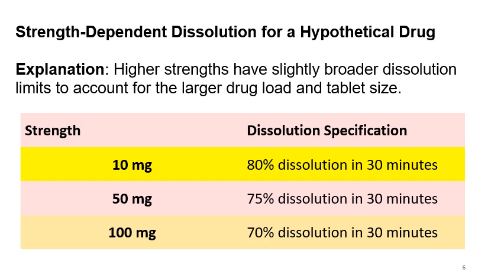For 10 mg it is 80Q, for 50 mg it is 75Q, for 100 mg it is 70Q. Different products behave differently. Different specifications can be given to different formulations. This slide is just for your easy understanding, and it is a hypothetical type of situation.